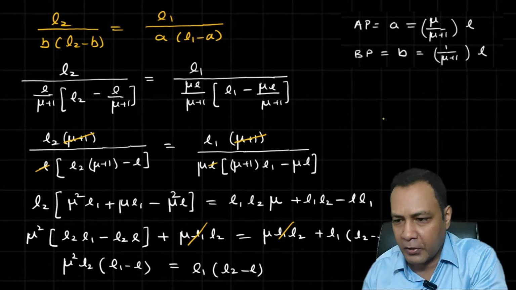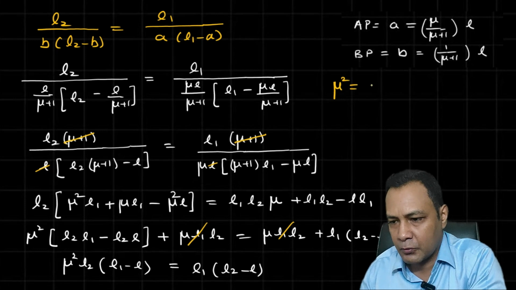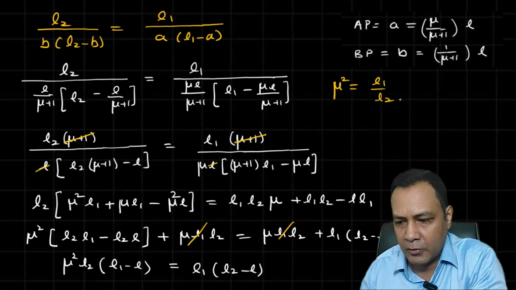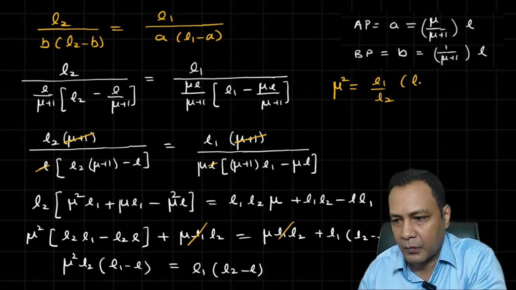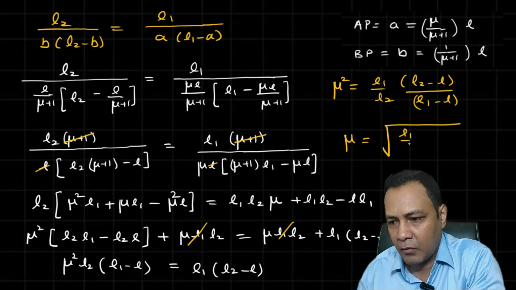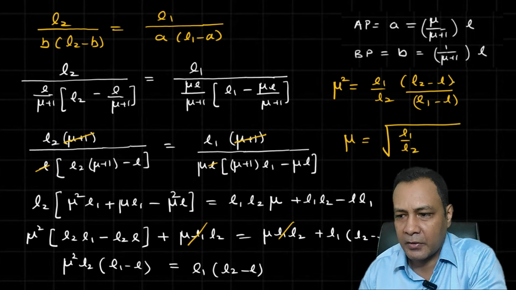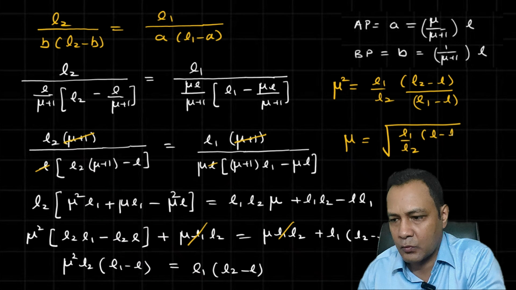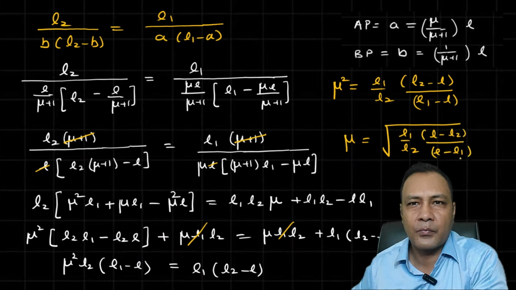So finally I will get mu square is equal to L1 by L2 into L2 minus L upon L1 minus L, and I can also write it as mu is equal to the square root of L1 by L2 into L minus L2 upon L minus L1, and that is our answer.